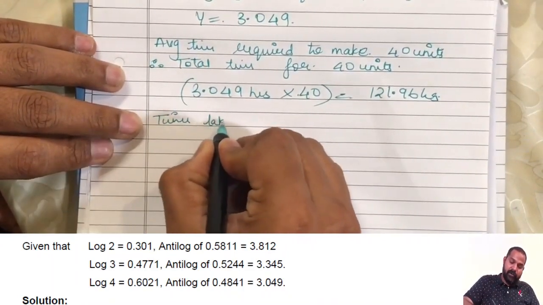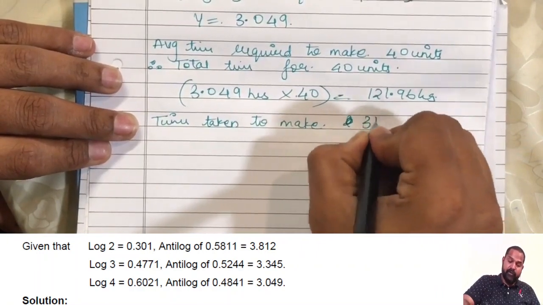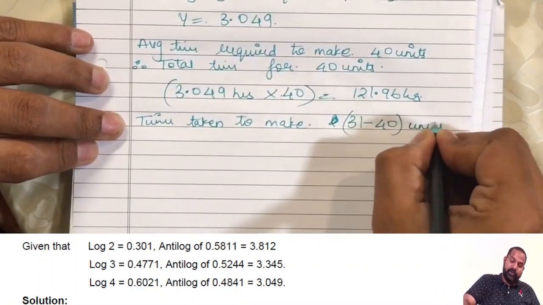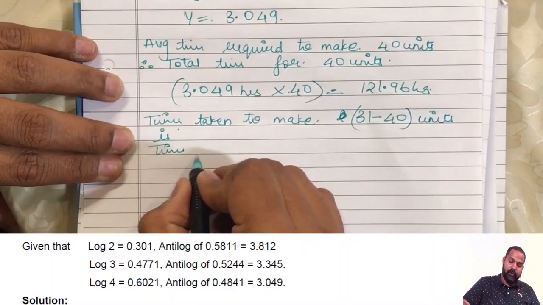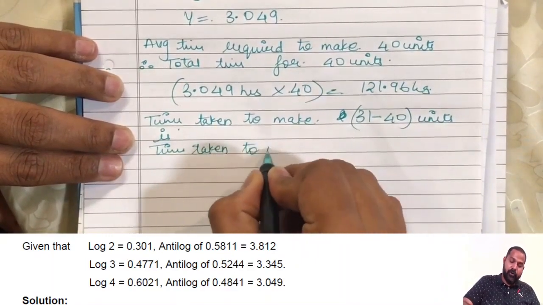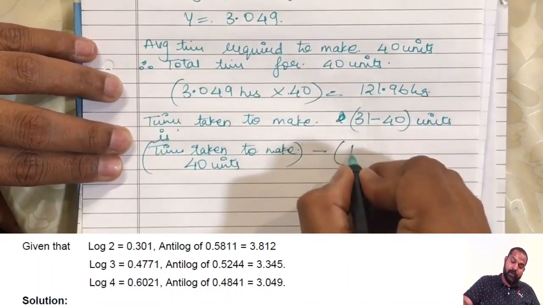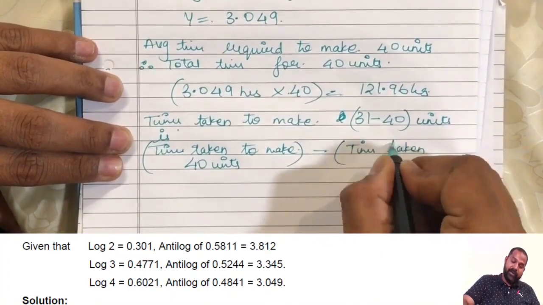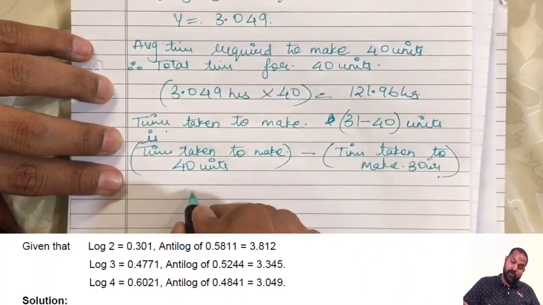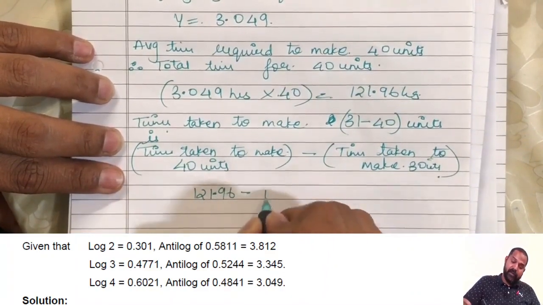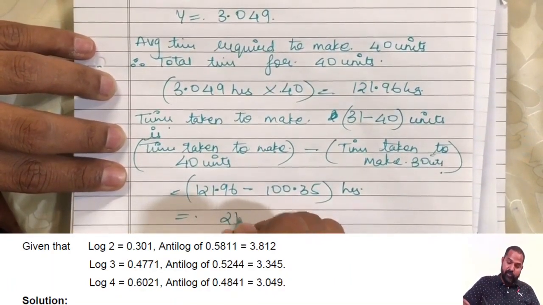So I will go back and I will say time taken to make 31 to 40 units is time taken to make 40 units minus time taken to make 30 units, which is 121.96 minus 100.35 hours, which is 21.61 hours.